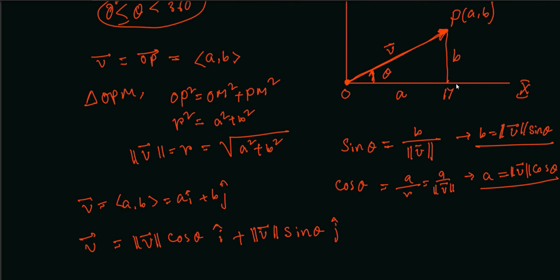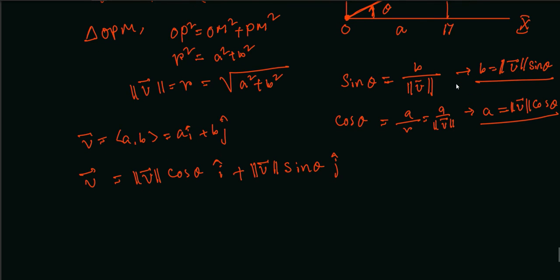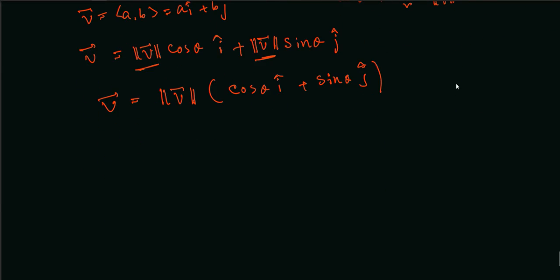This is a new representation of the vector. We can see that we have a common term in both of these two terms, so we can factor that out. So v can also be written as the magnitude of vector v times (cosine theta i plus sin theta j).